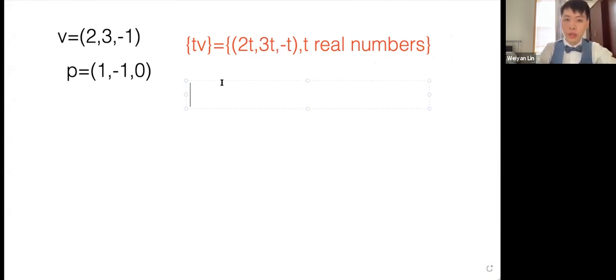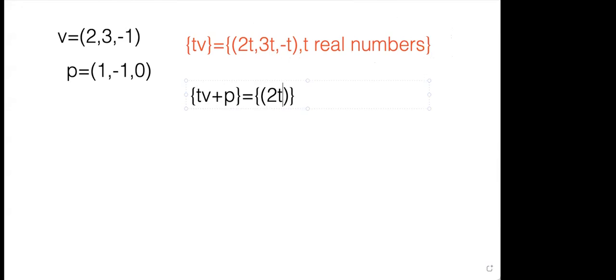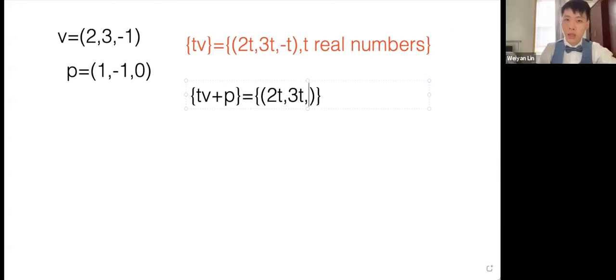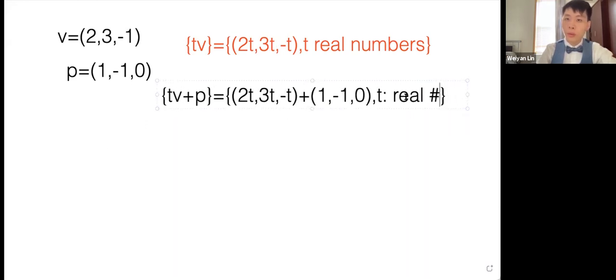Which is tV plus P. It's just that every vector 2t, 3t, and minus t, you add with your actual vector P, 1, minus 1, and 0, where t is a real number. What does the addition really look like?